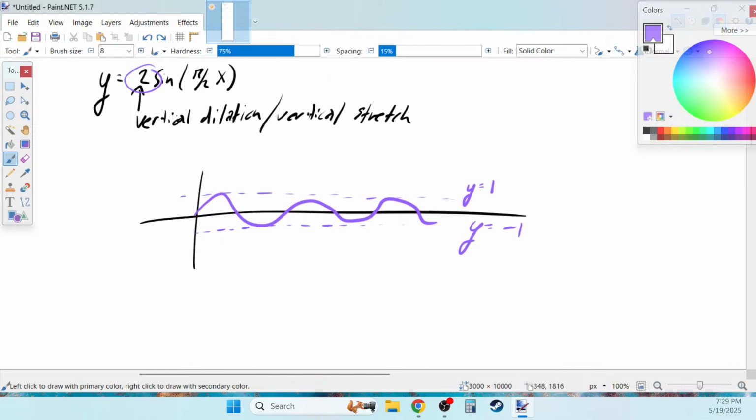So as I was going to say, this here means that we are going to stretch vertically, doubling the height. Now the curve will go, let's go back to black. All of the places where we crossed the axis will stay the same. All of the heights that we hit will be twice as tall.